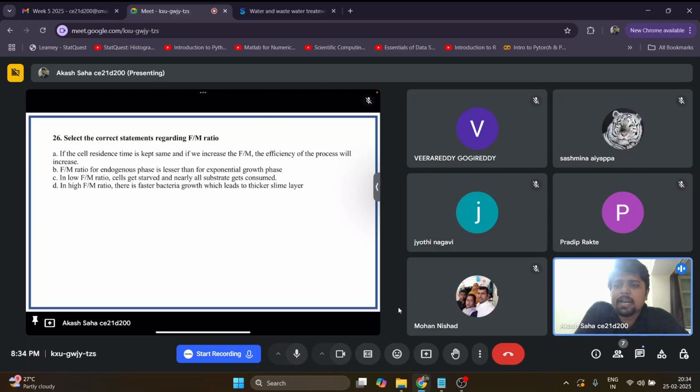F by M ratio for endogenous phase is lesser than for exponential growth phase. In low F by M ratio, cells get starved and nearly all substrate gets consumed. In high F by M ratio, there is faster bacteria growth, which leads to a thicker slime layer.